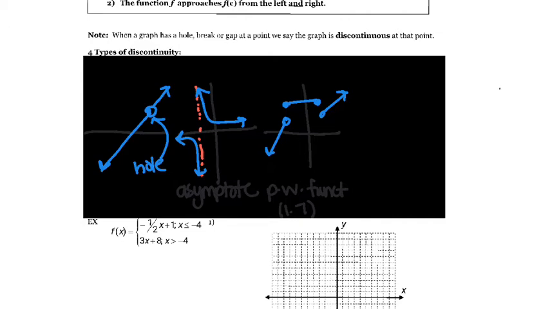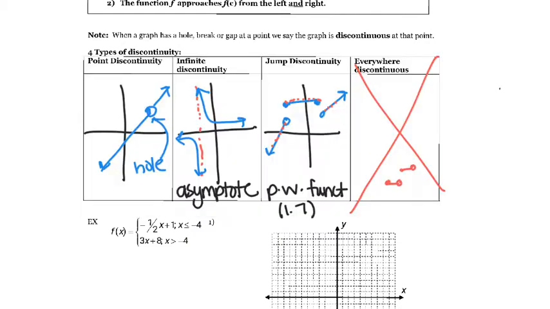That's jump discontinuity, meaning that like you're tracing your pen along this, and all of a sudden you have to jump up here and then trace your pen here, stop, jump down here. Okay, so that's jump. We won't talk about everywhere discontinuous, so you don't have to worry about that. If you wanted to know, I believe an example is the step function, but we are going to not worry about that and just call that jump discontinuity.